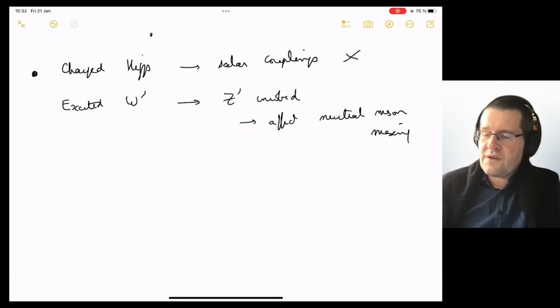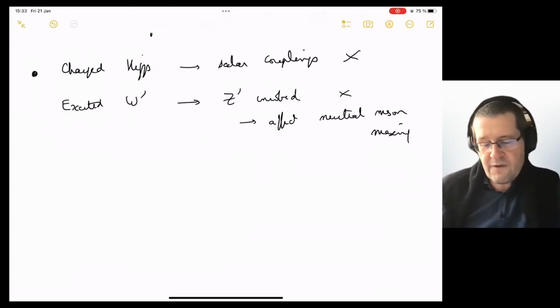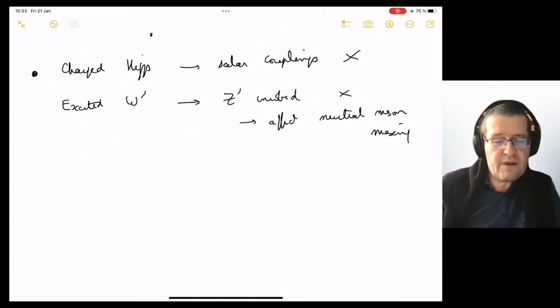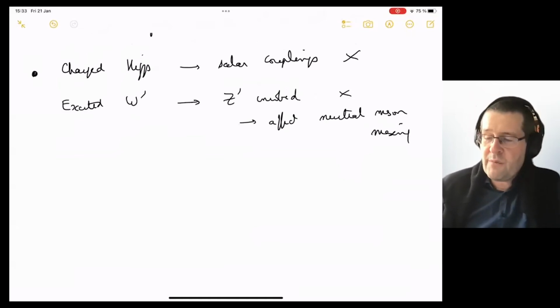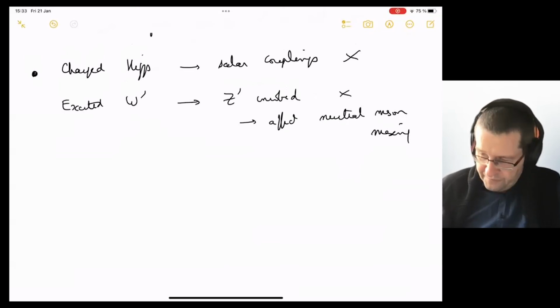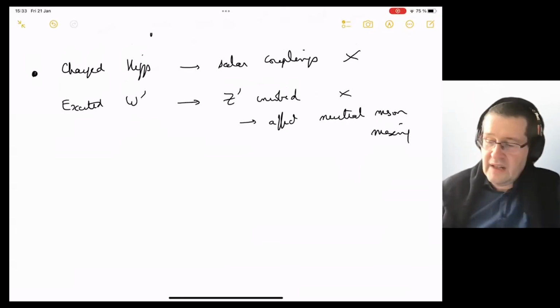And so when you try to play with the effect that you need in order to generate the shift for B to C tau nu, you end up necessitating a very large contribution to neutral meson mixing.